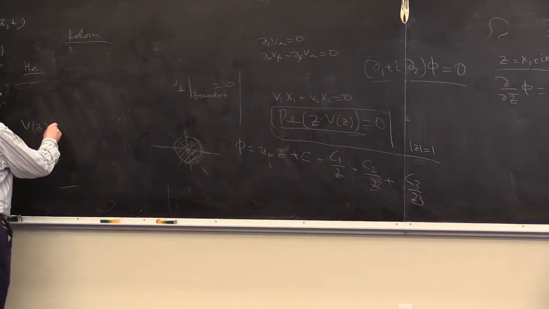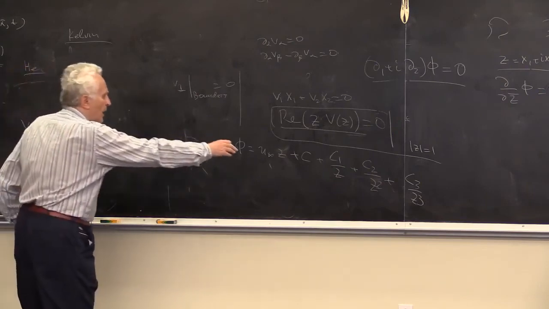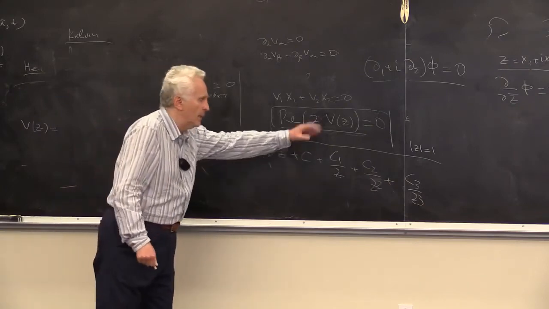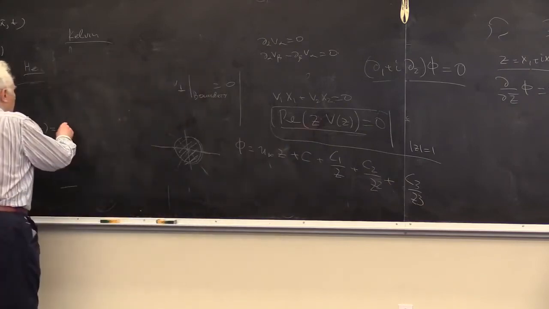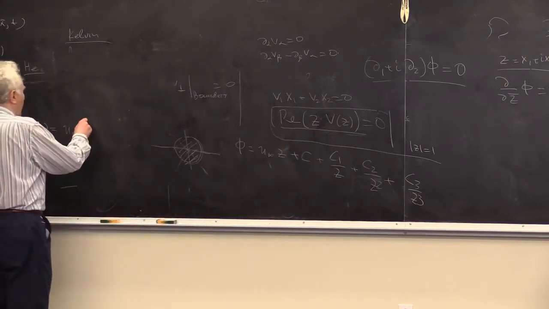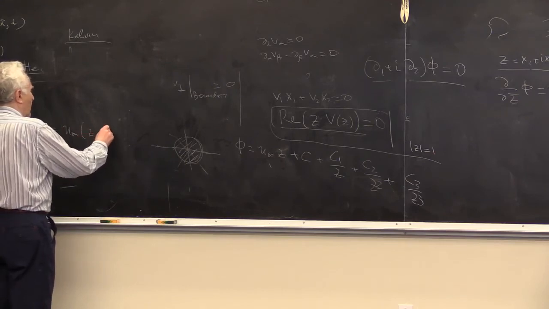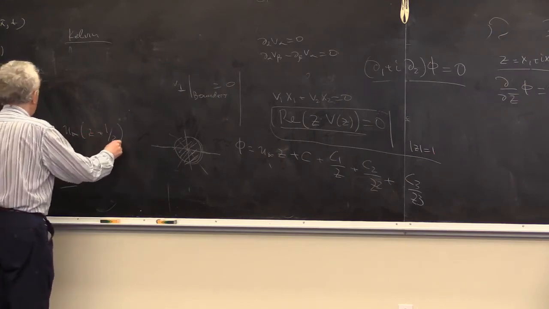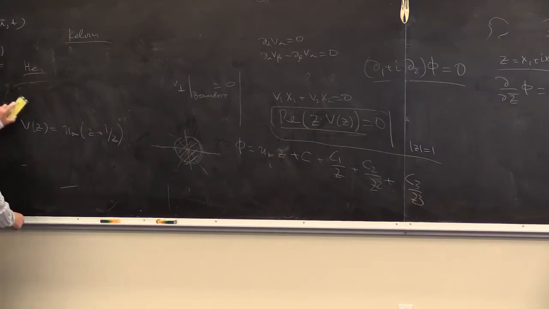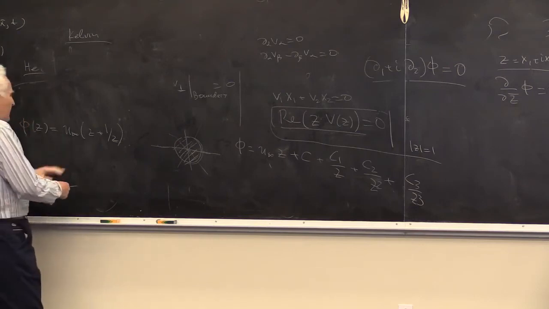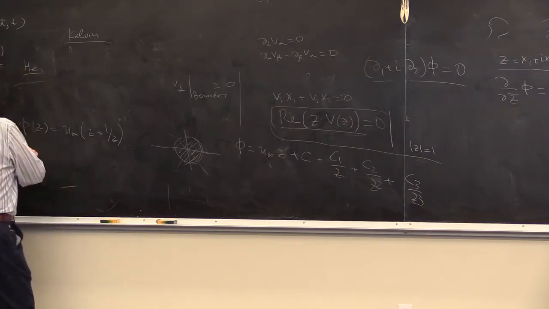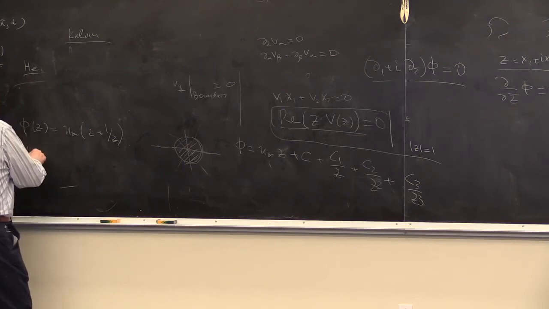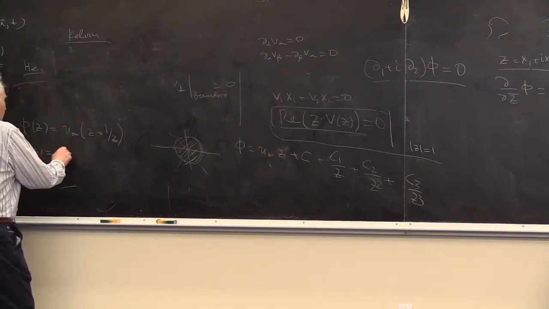Let's first drop all other terms, and then we will see that they violate everything. Let's consider this thing. Excuse me, this is phi. Let's try the simplest thing we can think of. The complex velocity, we have to differentiate it.